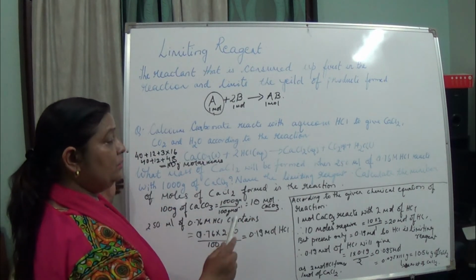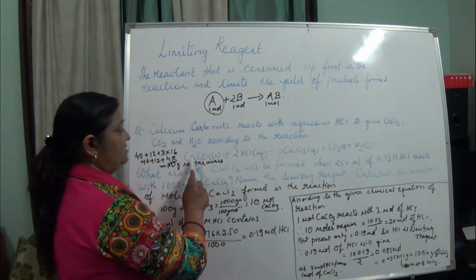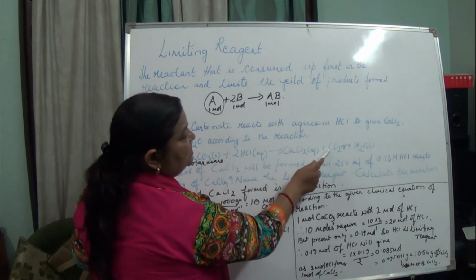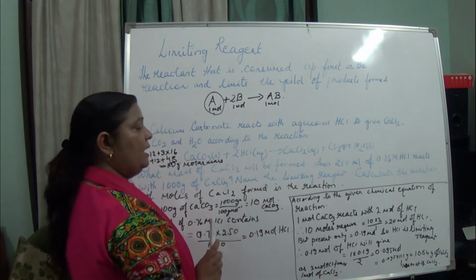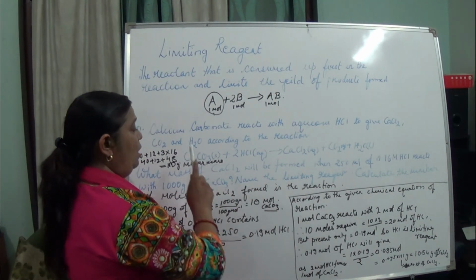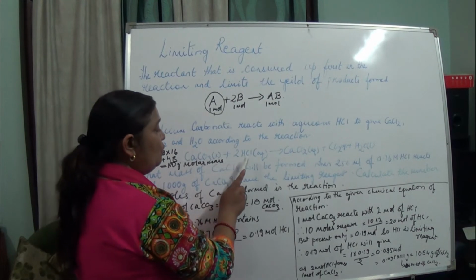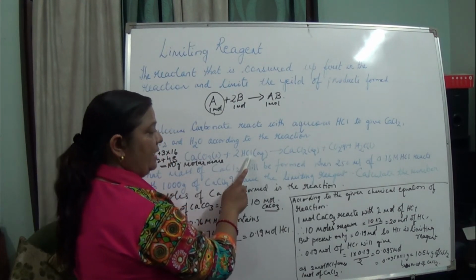So according to the given chemical equation, calcium carbonate plus 2HCl gives CaCl2 plus CO2 plus H2O, 1 mole of calcium carbonate reacts with 2 moles of hydrogen chloride, isn't it?